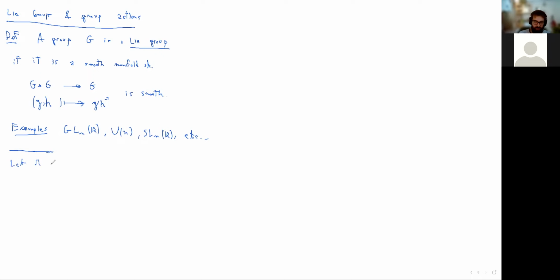So we take a smooth manifold M, and we define its group of automorphisms as the set of all maps from M to M which are diffeomorphisms. So self-symmetries.